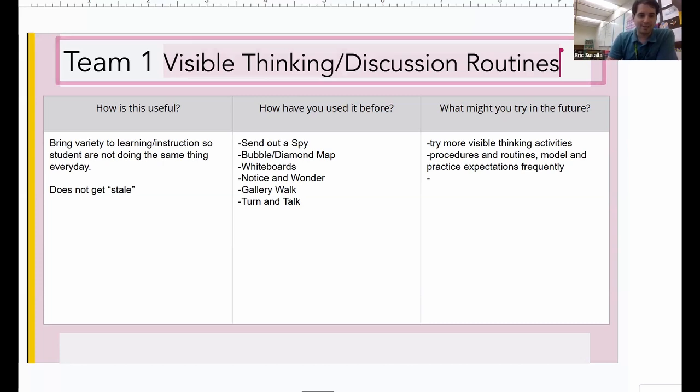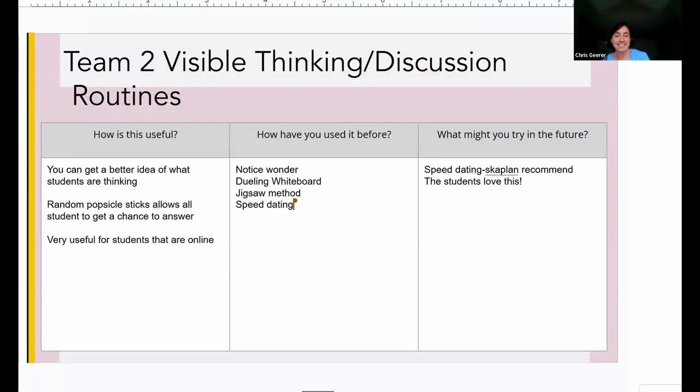We've seen a lot of successes with the ones that we talked about, and there's been a couple of discussions where we want to try some new ones next year based off the feedback from everyone else. And we're really hoping to see if implementing these new things will make the learning a lot easier or even more entertaining for the students to stay engaged with. Excellent. Thank you. Team 2.